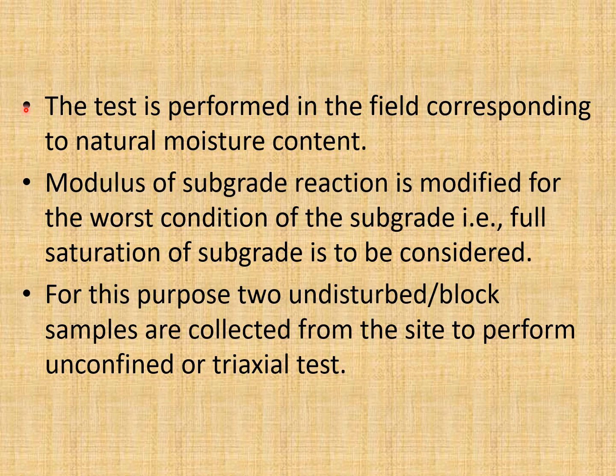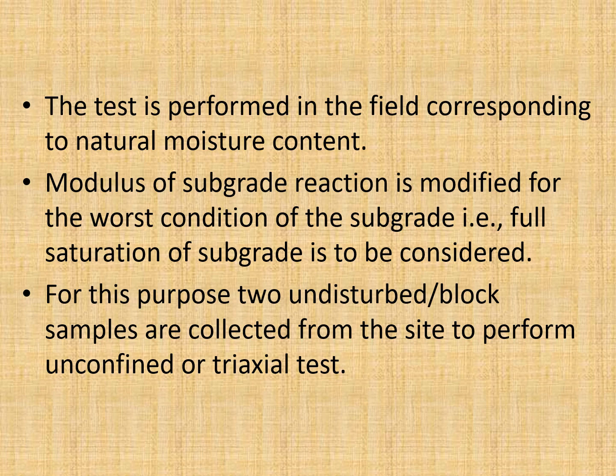The test is performed in the field corresponding to natural moisture content. Modulus of subgrade reaction is modified for the worst condition of the subgrade, that is full saturation of subgrade is to be considered.